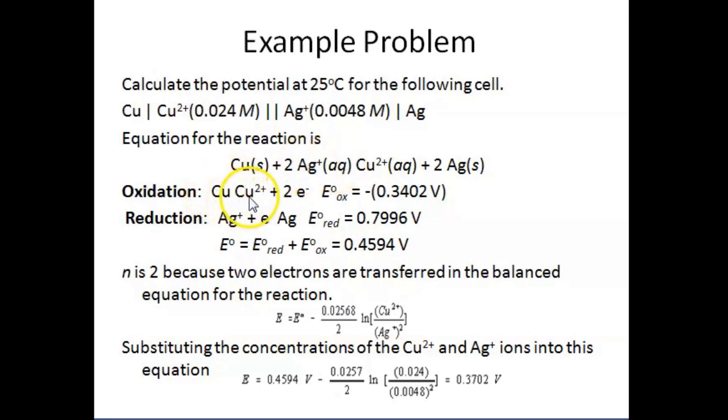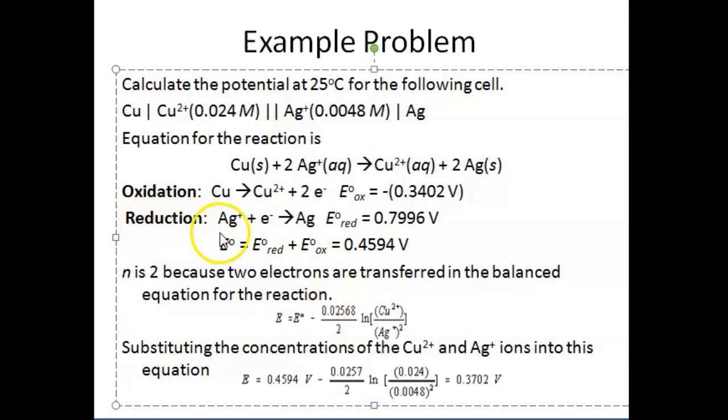At oxidation, Cu undergoes oxidation to give Cu2 plus and 2 electrons. At reduction, we have Ag plus and an electron giving Ag, and the values are mentioned here. If we calculate the E0 value from the reduction and oxidation, we get 0.4594 volt. In the given reaction, n is equal to 2 because 2 electrons are transferred in the balanced equation.